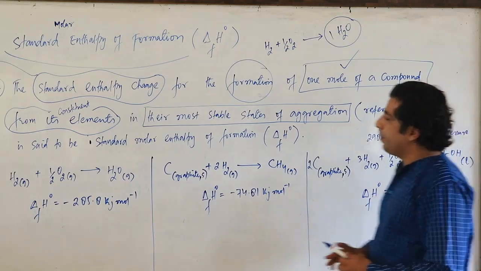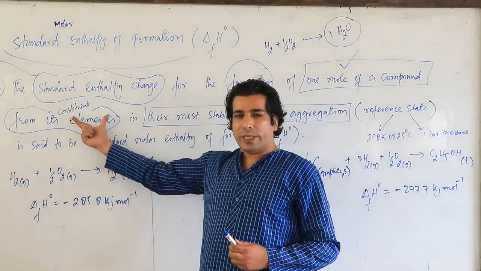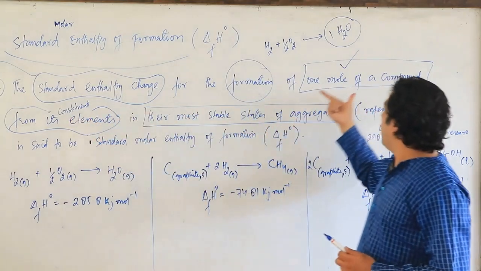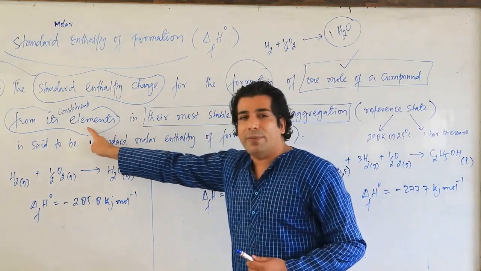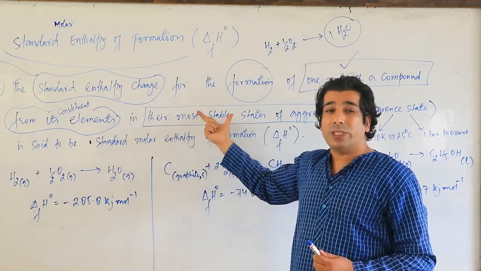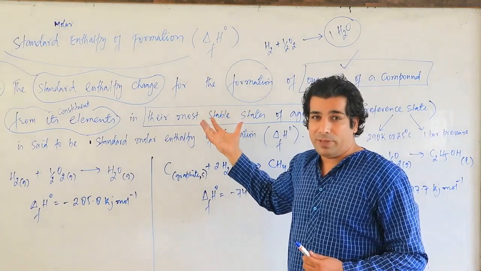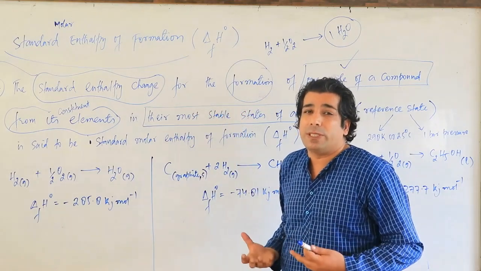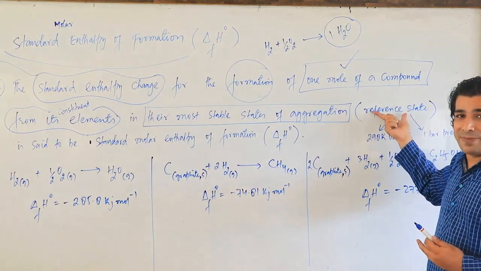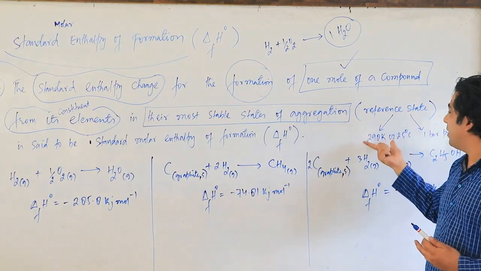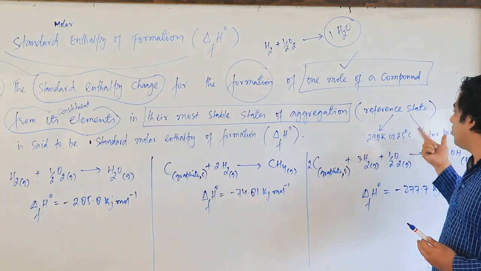So what is the meaning? If I take these constituent elements from which 1 mole of a compound is formed, these constituent elements should be in their most stable states of aggregation. And what is the meaning of most stable states? Those most stable states are called reference states. And that reference state is taken at 298 Kelvin and 1 bar pressure.